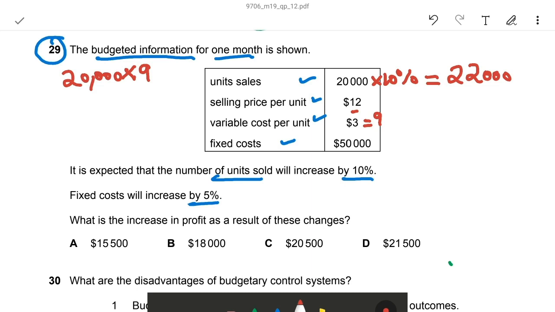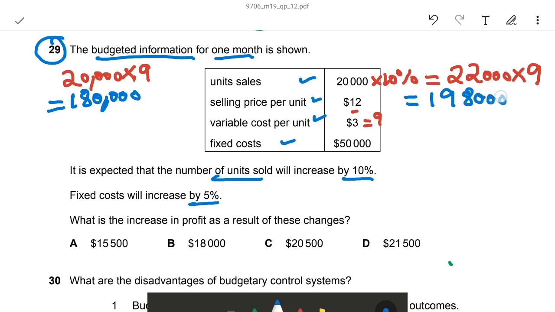So 20,000 into 9, and here 22,000 multiplied by 9 is the new contribution. It is coming to 180,000, while here 198,000.